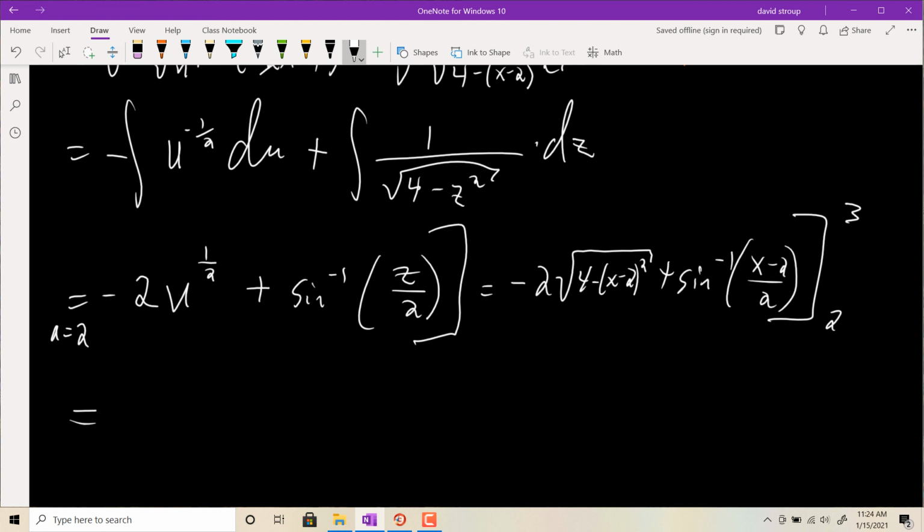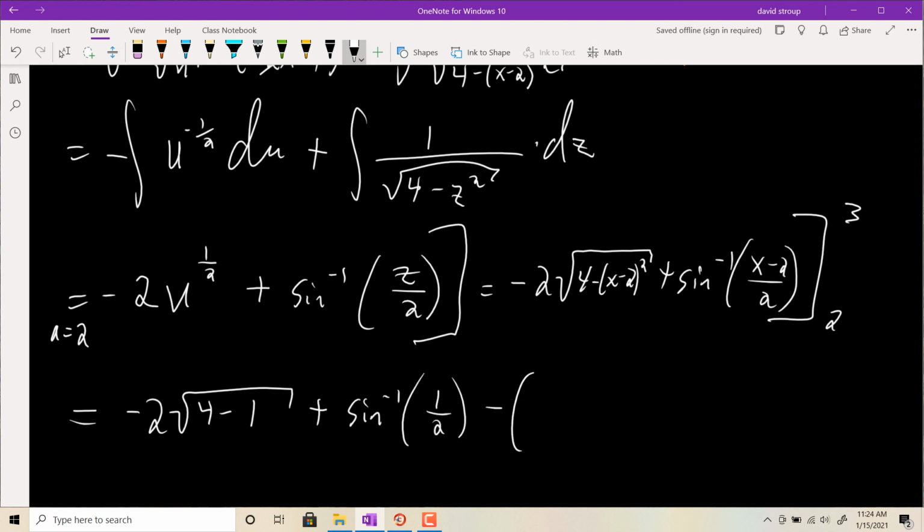Okay, so if you plug in 3, you'll have negative 2 times the square root of 4 minus (3 minus 2) squared. 3 minus 2 is 1, 1 squared is 1, so just 4 minus 1, plus sine inverse of (3 minus 2) over 2, which is 1 over 2, so 1/2. And then plug in 2 to the antiderivative. You'll have negative 2 times the square root of 4 minus (2 minus 2) squared. 2 minus 2 is 0, 0 squared is 0.